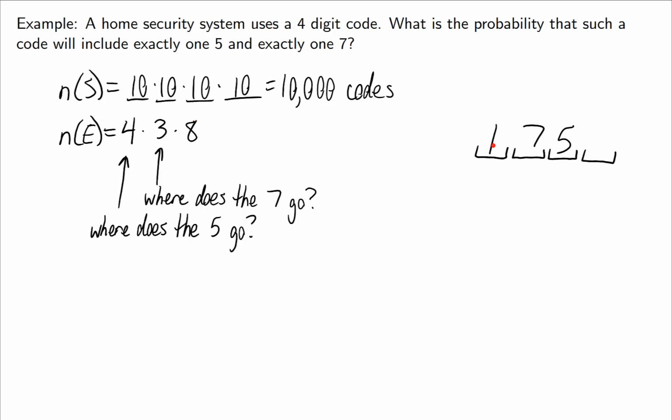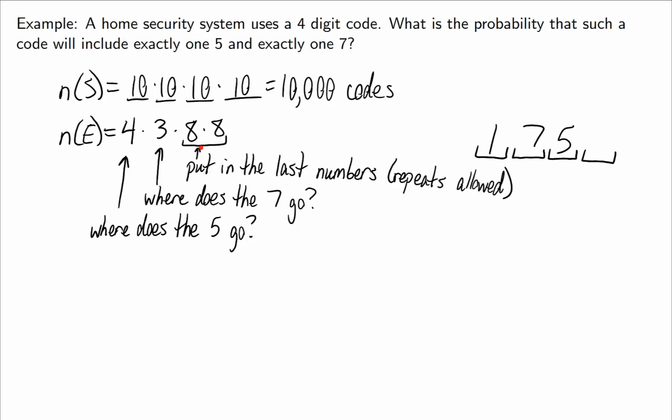Now the 1 could be repeated if I wanted to. So since repeats are allowed, there's another choice for the 8 here. Just for the sake of including the repeat, I'll put a 1 here as well. If I multiply that together, I get 768 codes. We'll have this particular scheme of 17 and 15.